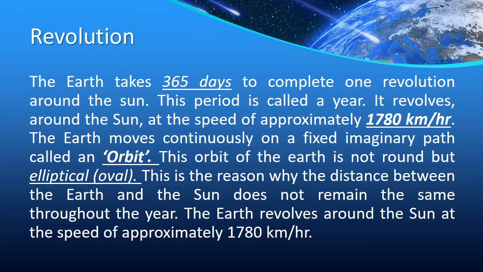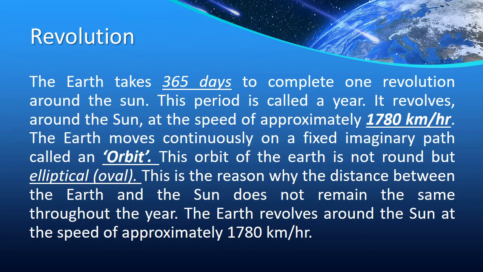This orbit of the earth is not round but elliptical or oval. The shape is oval, like it's circular but it is extended, elongated, like a long circle, not a perfectly round circle. This is the reason why the distance between earth and the sun does not remain the same throughout the year.